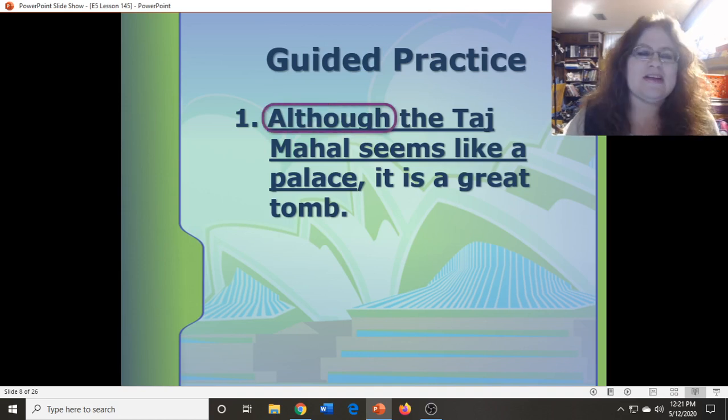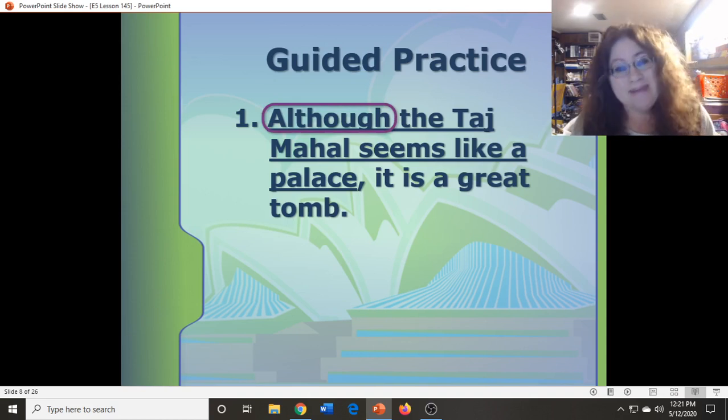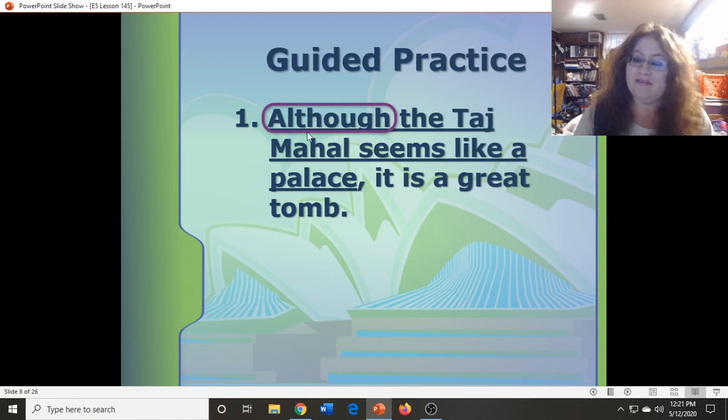The second direction is to look at the underlined clause and say, is it independent, a complete sentence, or is it dependent? Starts with a subordinating conjunction. So it's pretty easy here to figure it out. Although the Taj Mahal seems like a palace. This is a dependent clause because it begins with a subordinating conjunction and it is not a complete thought.